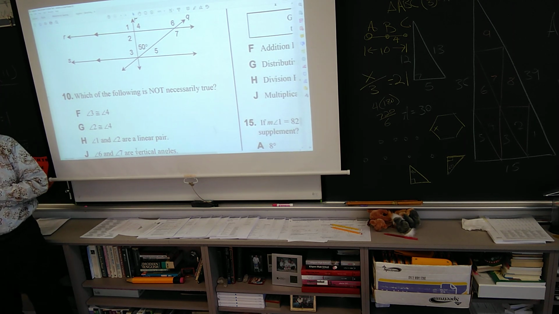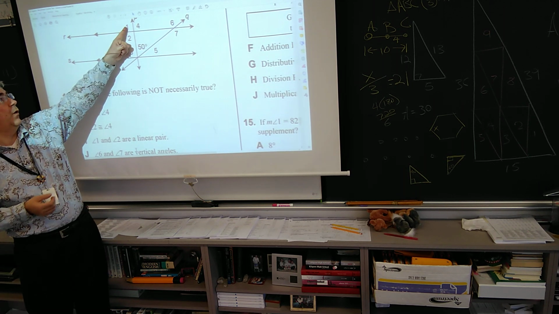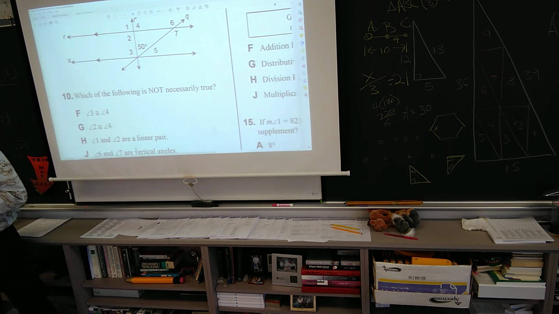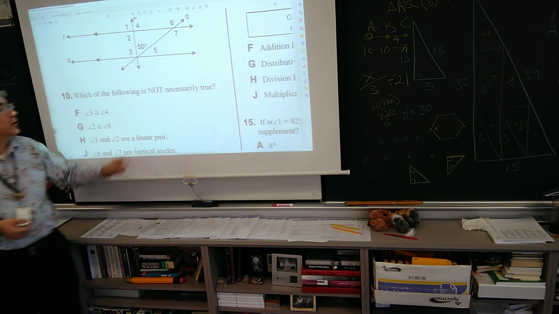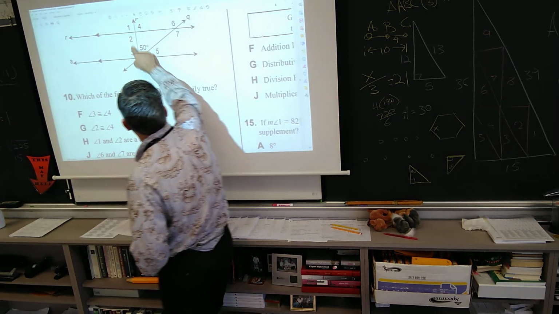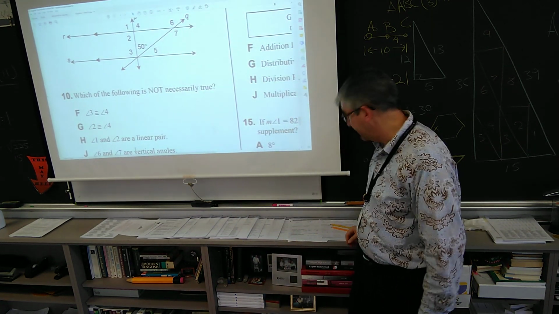In fact, unless 3 is 90, 4 will not be the same measure. It'll be the supplement because 3 has to match 1 and 1 and 4 are going to be supplementary. Okay. 2 and 4, yes, they're congruent because they're vertical angles. 1 and 2 are a linear pair. Yep. And then 6 and 7 are vertical angles. Yes, by definition.